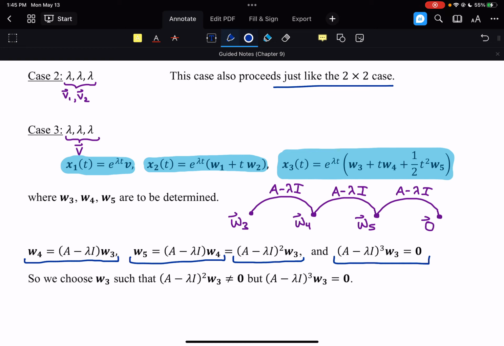So we're still taking the same pattern, but now there's one extra step because there are now 3 vectors here, not just 2. So we choose w3 such that A minus lambda I squared times it is non-zero, right? Because that would be w5. But A minus lambda I cubed times it would be the 0 vector. So we're still choosing our w3, and the process of choosing it remains very similar. And we'll see how that looks in our upcoming example.